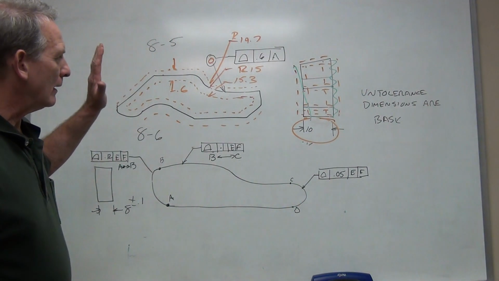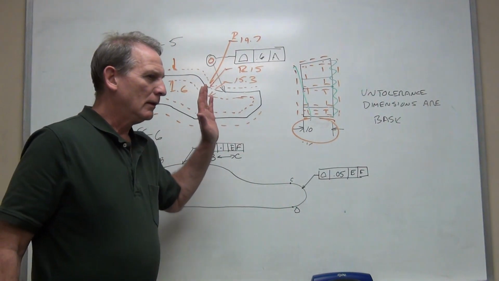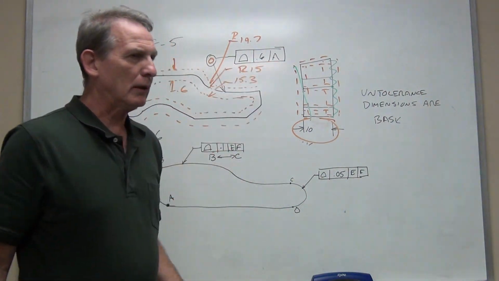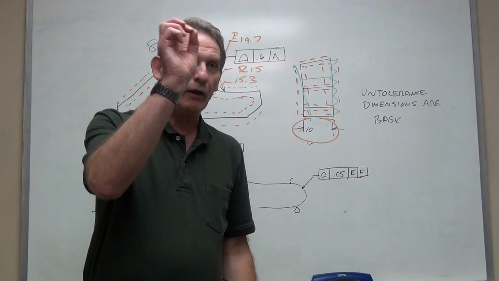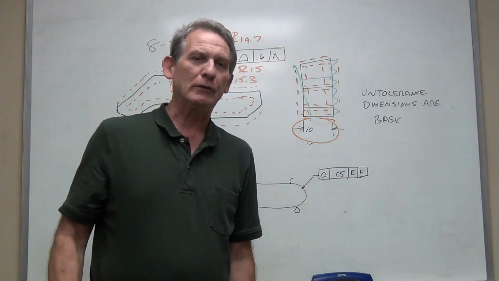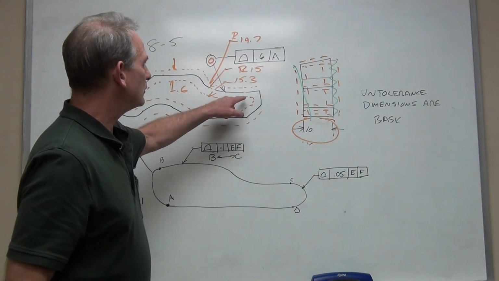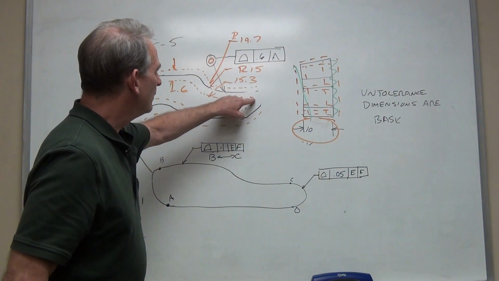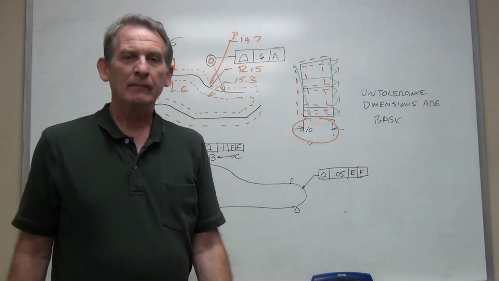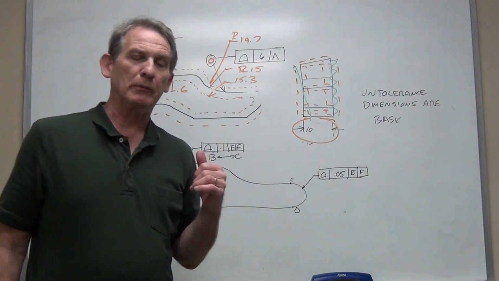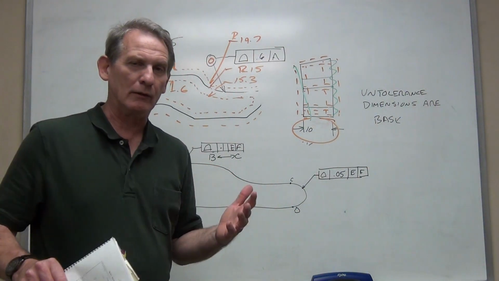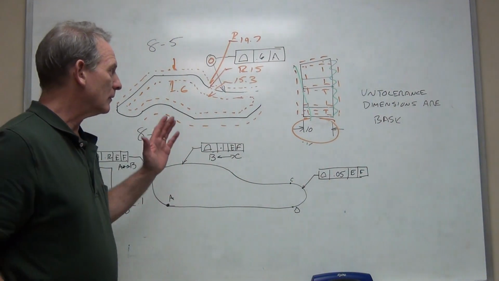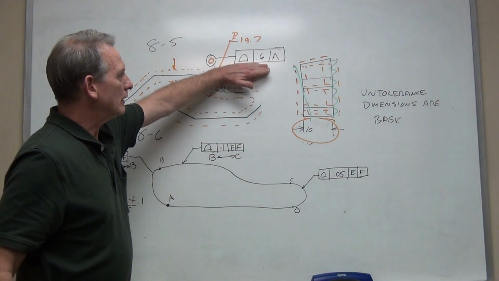Don't worry about it right now, but when these tolerances are applied, it's always a good idea to actually draw that tolerance zone and see what the corners look like, where you make a transition from here to here. It could be a very small feature, maybe an inaccessible tolerance area. You just don't know until you actually see it, because this is all you're going to see on the drawing.